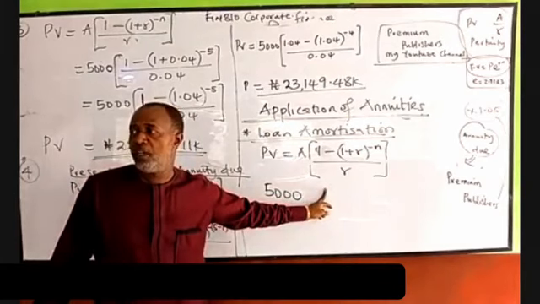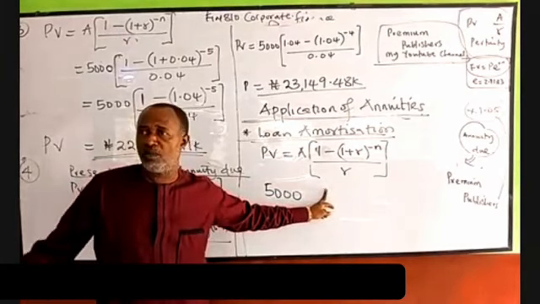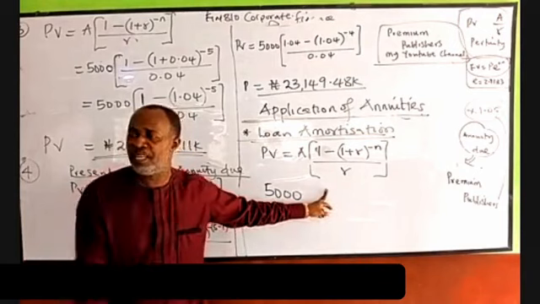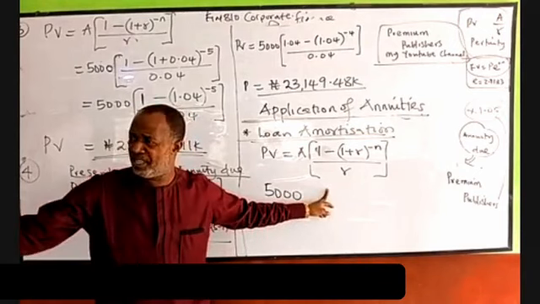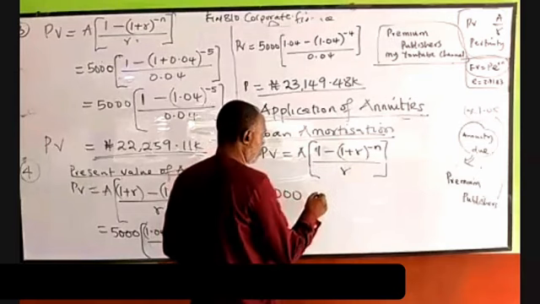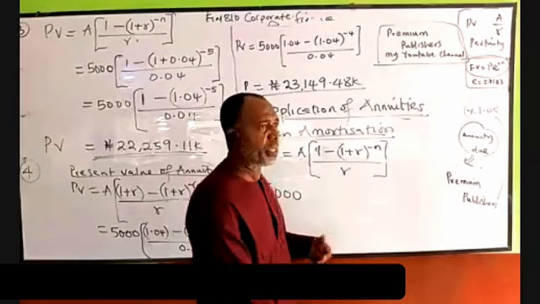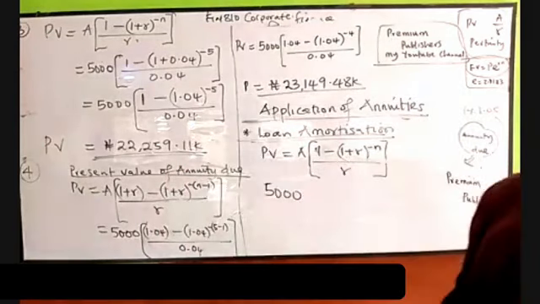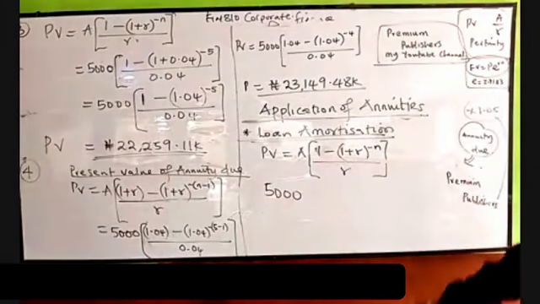If you borrow from MTN, a small amount of money, you won't borrow and start paying instantly. You use it, and later you come to pay, which is after usage. So there is nothing like beginning for loan amortization.